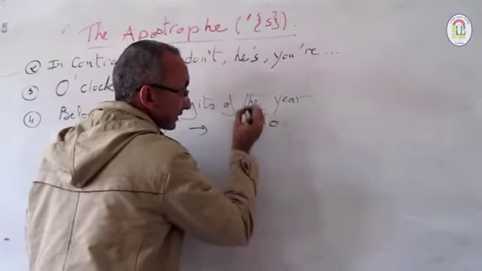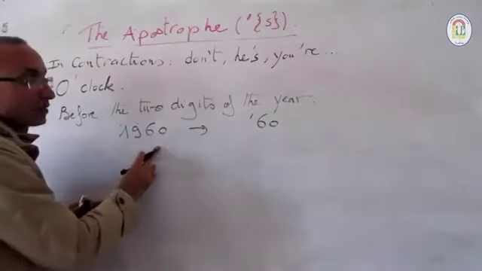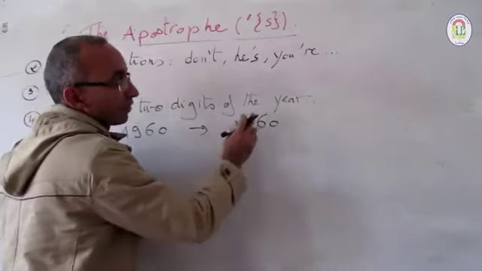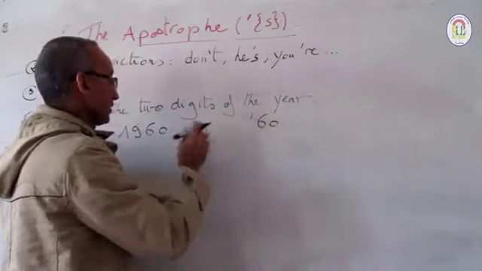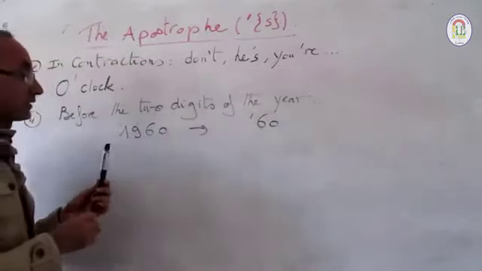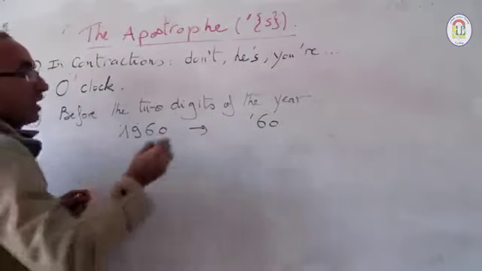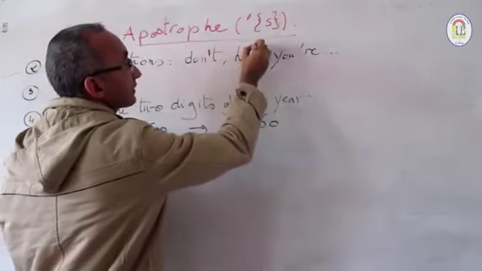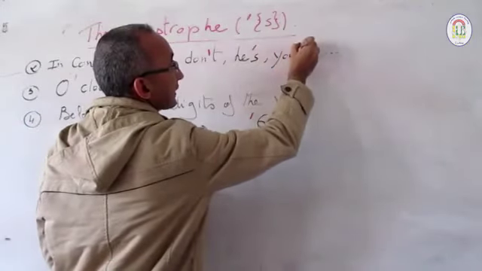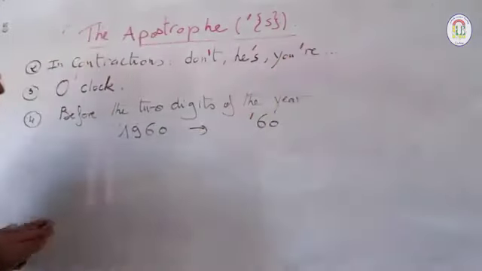It means 1960. For 2020, you remove the 20 and leave apostrophe 20. This one replaces the century. So here are our apostrophes in these special cases of use. Good.